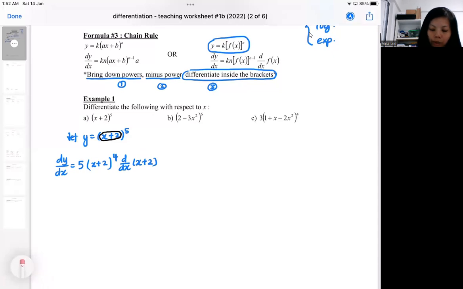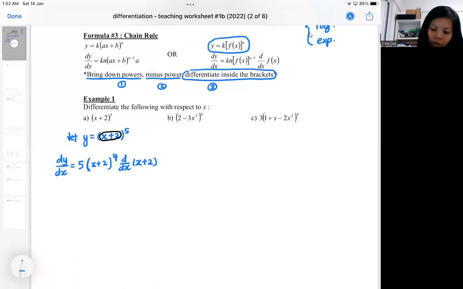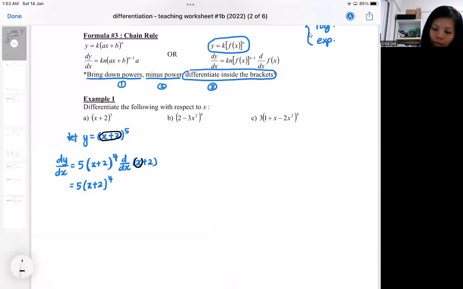First step is to bring down the power. Second step is to subtract the power. While you're doing that, nothing changes in the bracket; the function doesn't change. So your first 2 steps are completely done already. How are you going to execute the third step? How will you differentiate x?